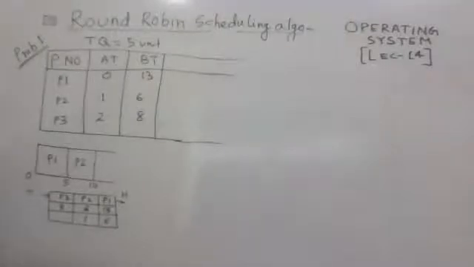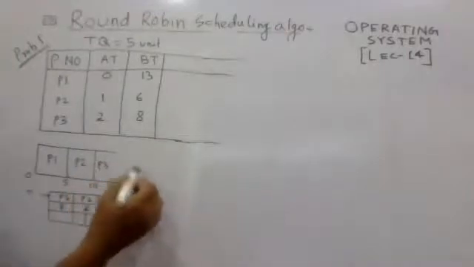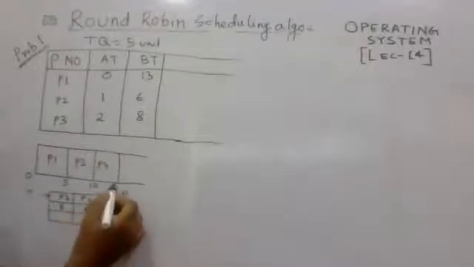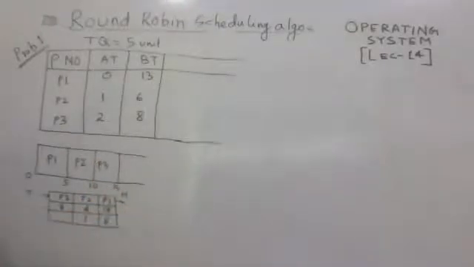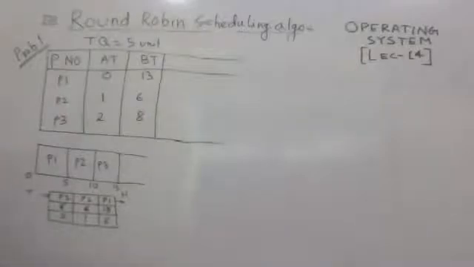Now next we have to schedule P3 for 5 time units, so it is 15, and the remaining time for P3 is 3. So this is actually the first cycle, P1, P2, P3. So first cycle completed.